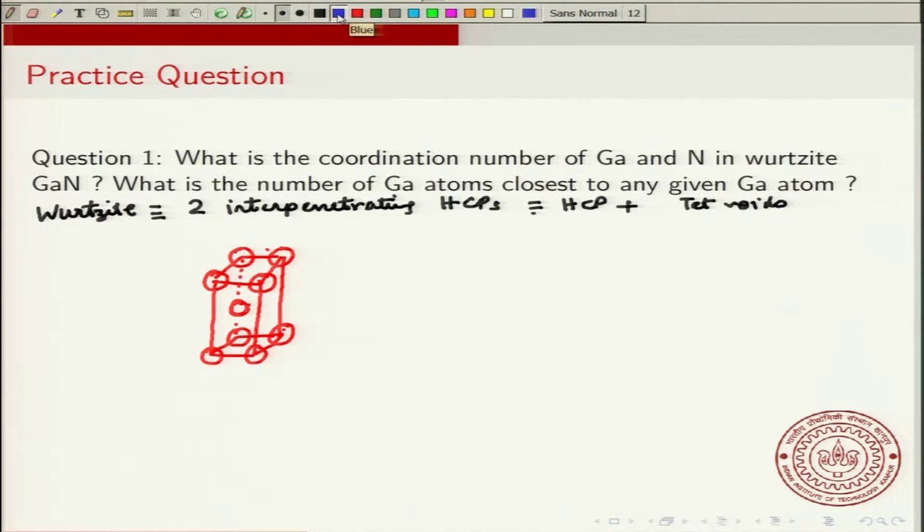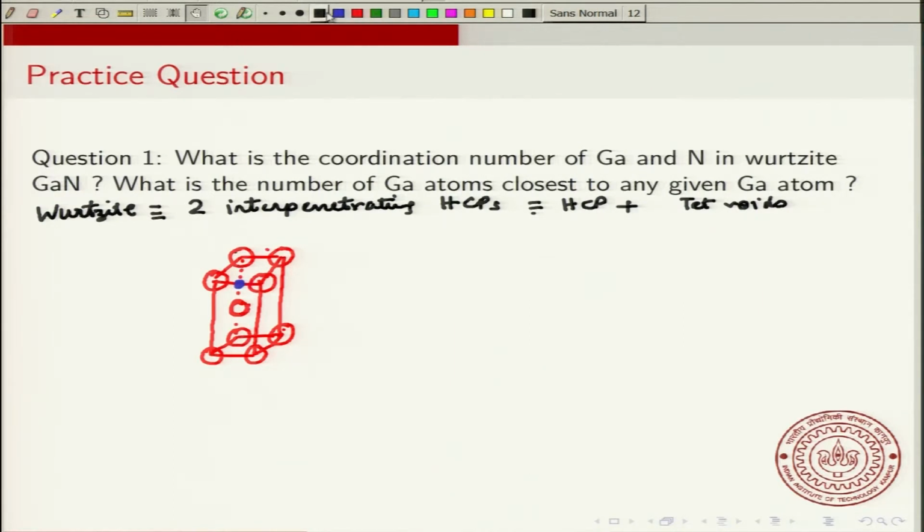We can choose whichever tetrahedral voids we want them to occupy, but definitely there is a tetrahedral void right here, so I will put a gallium right here, directly above this sulfide ion.